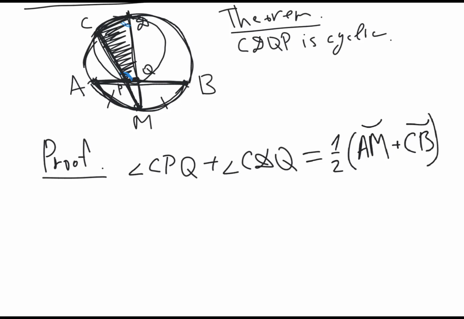There is a theorem that if we have a circle and the angle between two chords, it's equal to half of the sum of these two arcs.